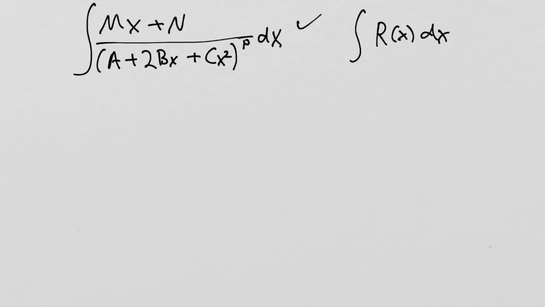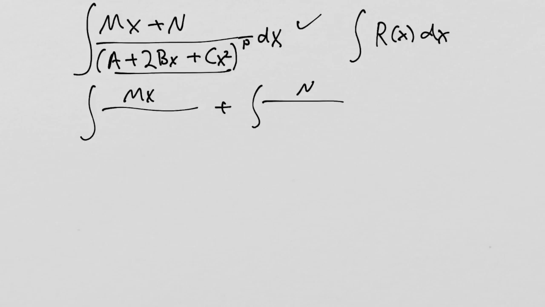Now what's left is these integrals here, which can be split into two parts: the integral of m times x over this quadratic term to the p power, plus the integral of just n over the quadratic term to the p power. If we can do those, then we're done, because that will be everything we need to integrate every rational function of x.